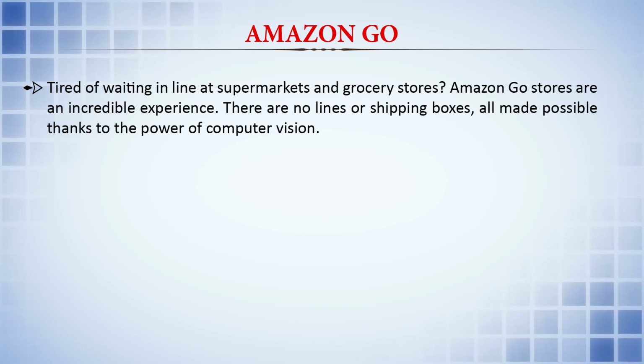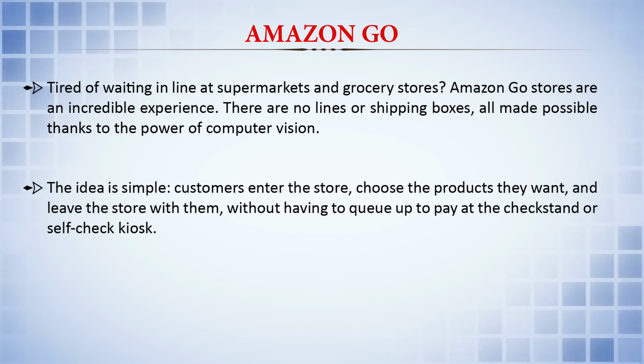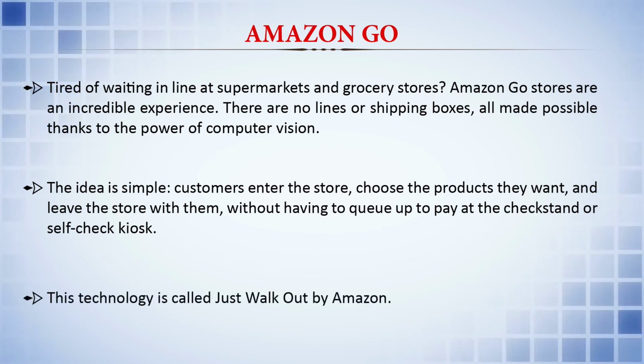The idea is very simple. Customers enter the store, choose the products they want and leave the store with them without having to queue up to pay at the check stand or the self-check kiosk. This particular technology that they are using in Amazon Go is called Just Walk Out by Amazon.